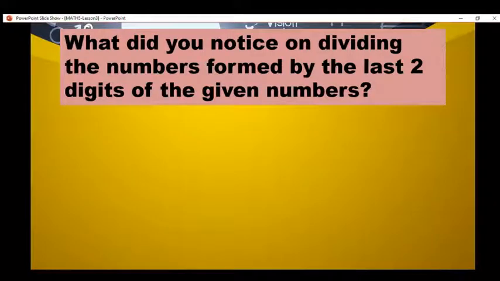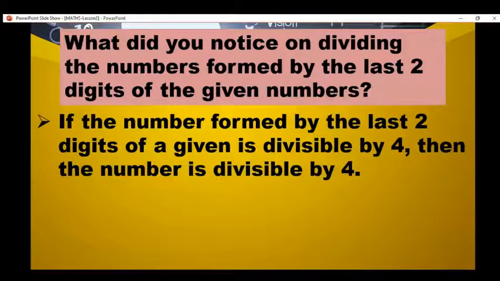So what did you notice on dividing the numbers formed by the last 2 digits of the given number? Always remember, if the number formed by the last 2 digits of the given number is divisible by 4, then the number is divisible by 4. For example, we have the number 5,240. What are the last 2 digits of our given number?